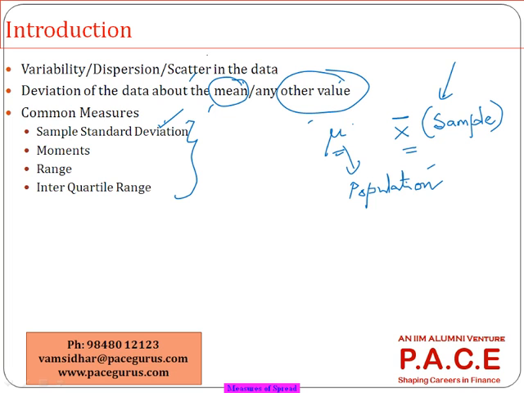So we should use mu and x bar accordingly. The same thing holds true with the standard deviation also. When I talk about population standard deviation, I use sigma, whereas when we talk about sample standard deviation, S is used. Sometimes you see in the books saying S is a good estimator of sigma, or S squared is a good estimator of sigma squared.